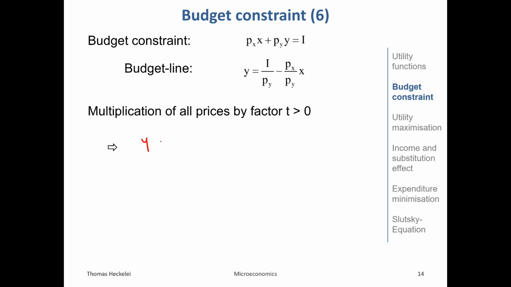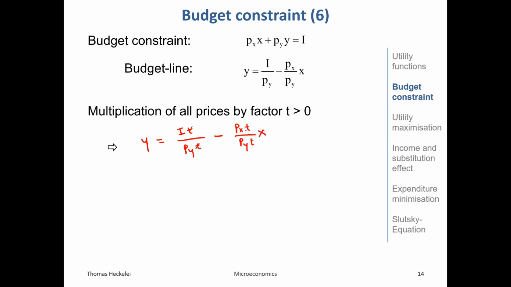The budget line will become I times t, because it's increased by t times now, over py also times t, and then minus px times t over py also times t, and then times x.